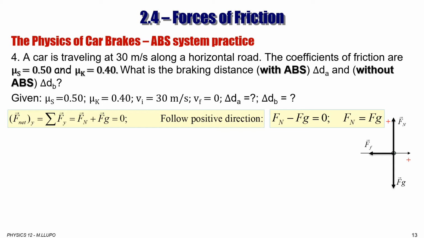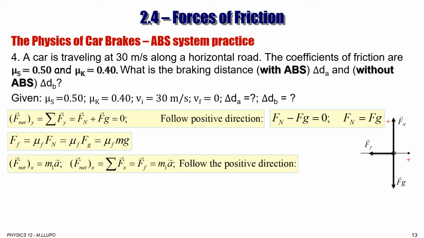Fn is equal to Fg. Now we can calculate the force of friction, which is the coefficient of friction times Fn, but Fn is equal to Fg, and Fg is equal to mg, so that means friction force is equal to mu times mg.